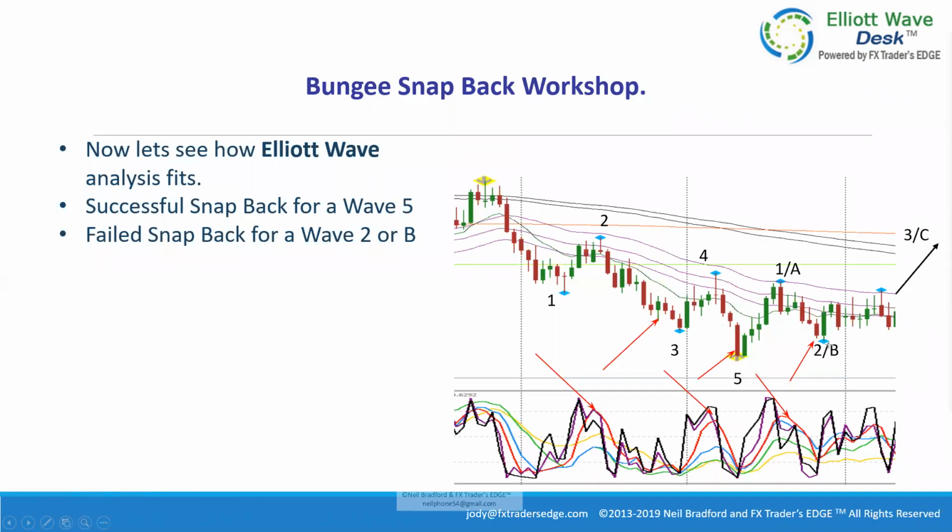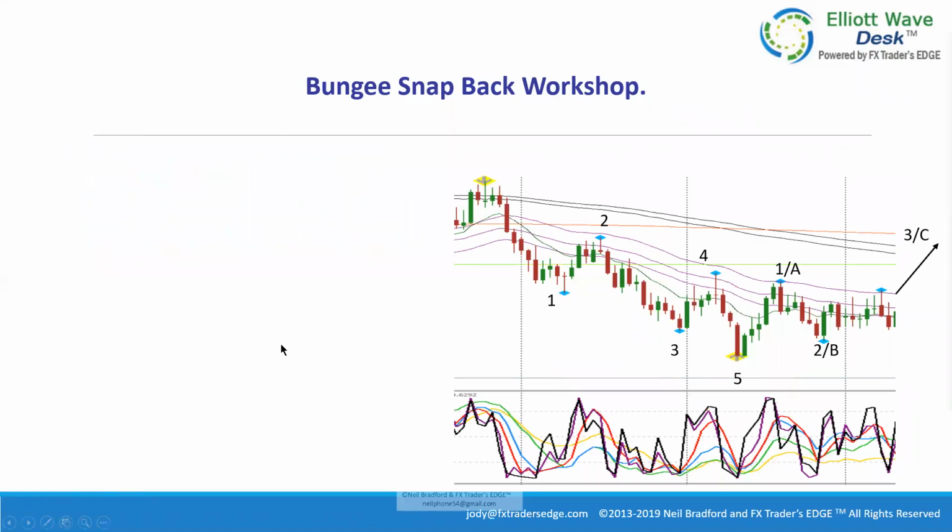Now, the fact it's failed tells you this is going to go higher. And it would be a wave 3 or a wave C that we're embarking on after the failed snapback.